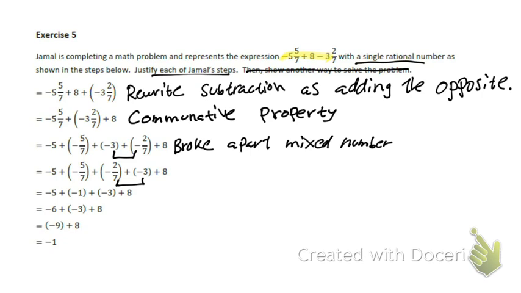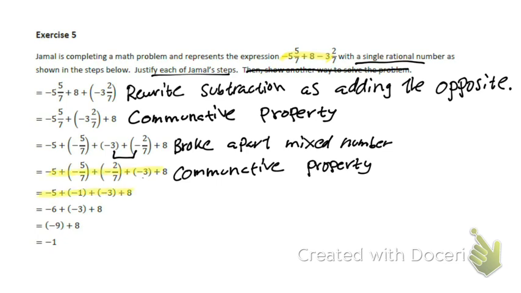Again, that's called commutative property. Commutative property is when you move some numbers around. And the reason he's doing that, well, we'll see right here, is because, all right, let's look at the next step.